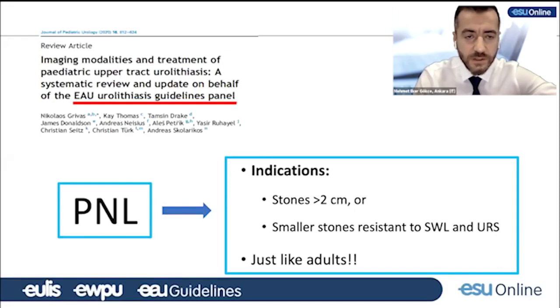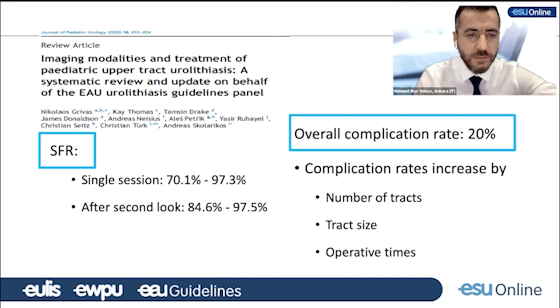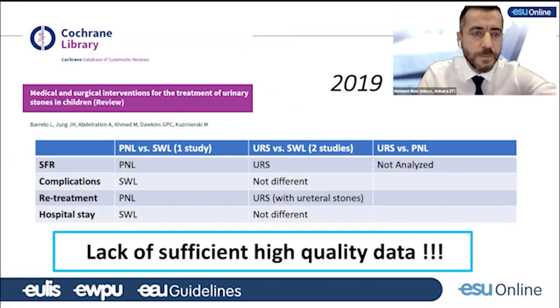These indications are more or less the same as in adult patients. However, in this same article, the stone-free rates were reported to be between 70% to 97%, and the overall complication rates were quite high, around 20%. These complication rates were shown to be increased by multi-tract PCNL, increased tract size, and longer operative times.